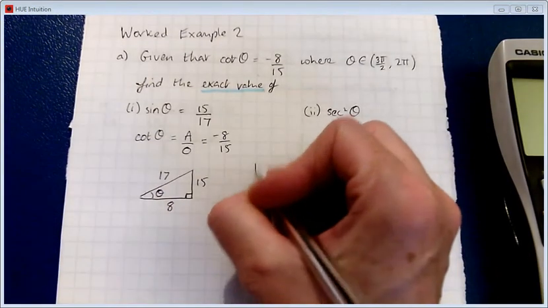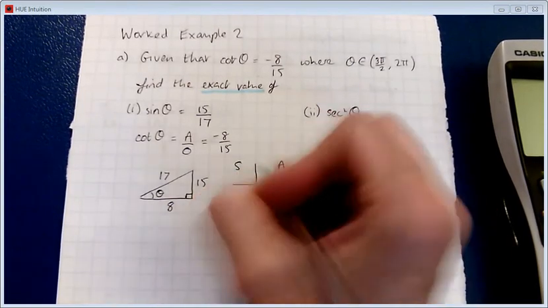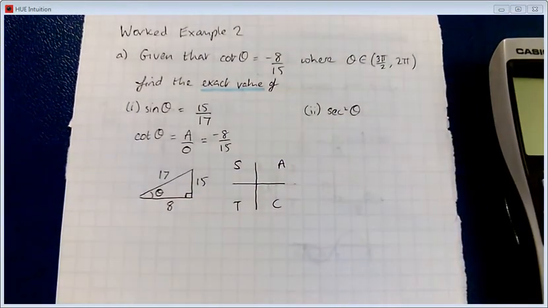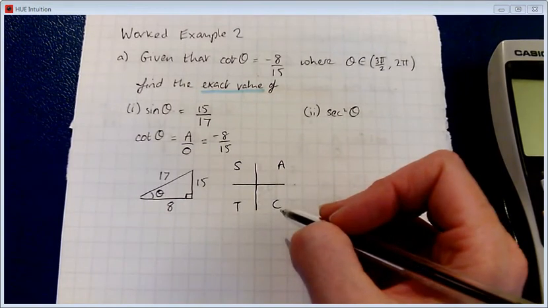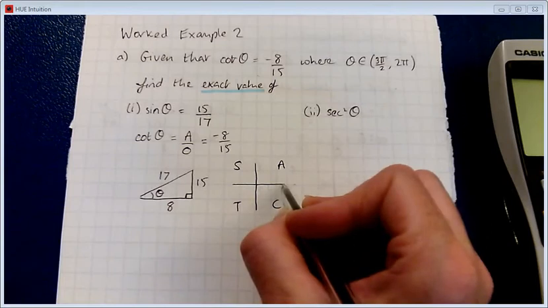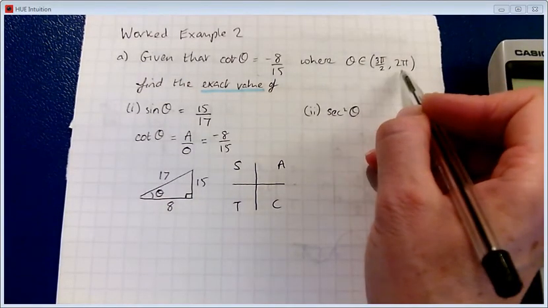So to help me decide, I draw a CAST diagram. Remember, the letters represent which of the trig functions out of sine, cos and tan are positive in that quadrant. We measure all angles from the positive x-axis, and we're told that our angle is between 3π/2 and 2π.